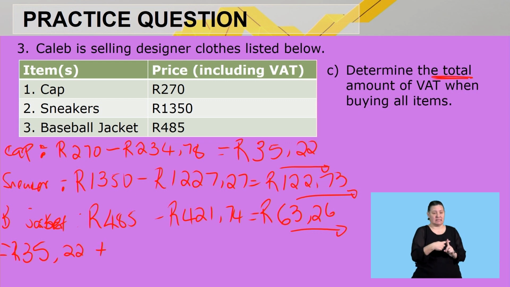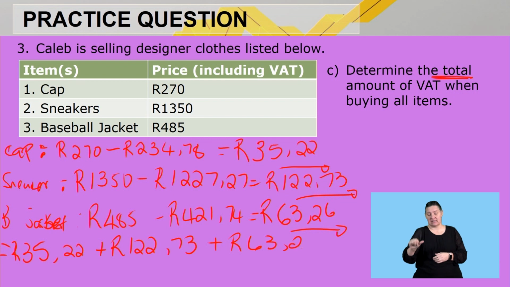So we have 35.22 plus 122.73 plus 63.26.